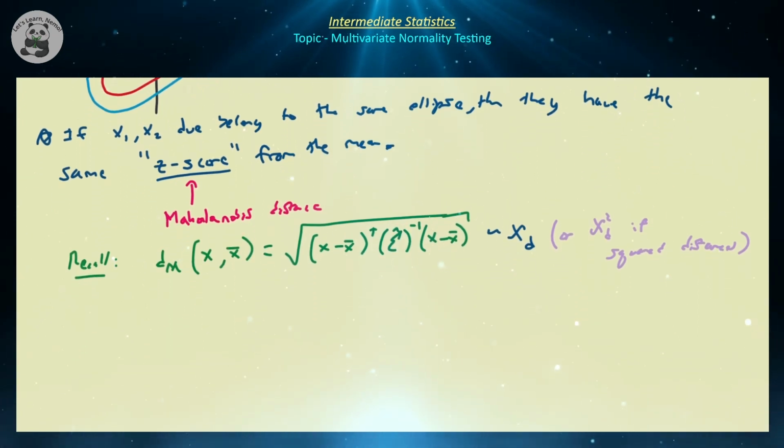So if they follow a chi distribution, then the Mahalanobis distances for a multivariate normal sample should also follow a chi or chi-squared distribution.